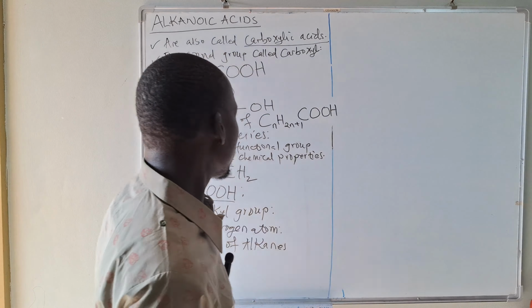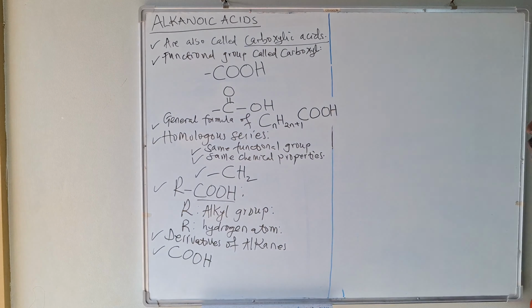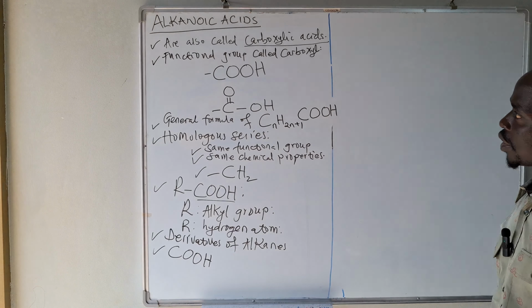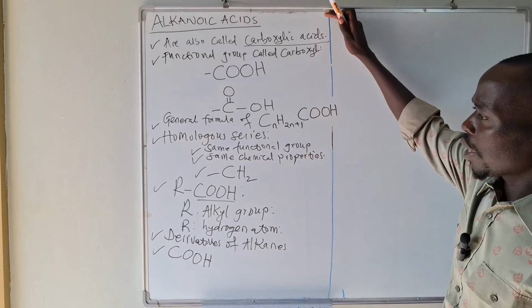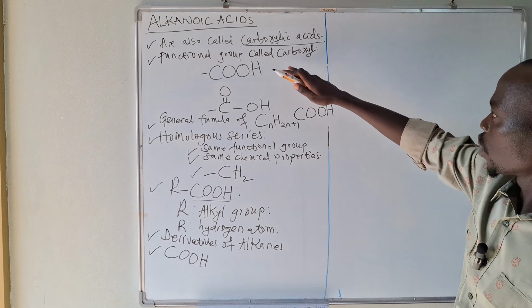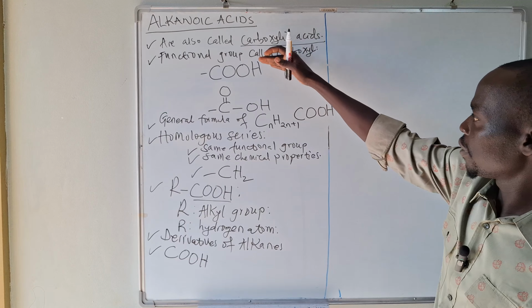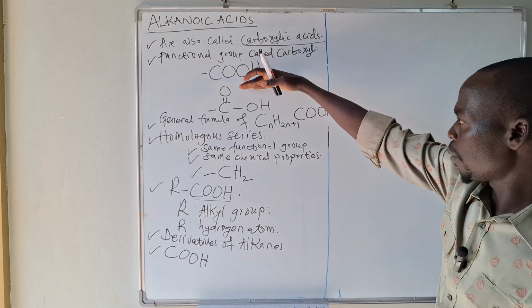So this is what you need to know in the introductory part for alkanoic acids. One, they are also called carboxylic acids. Two, they have the functional group called the carboxyl group, represented in this format.